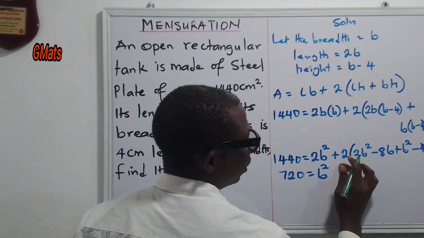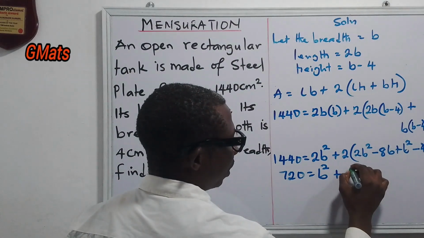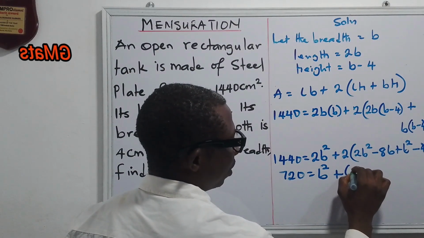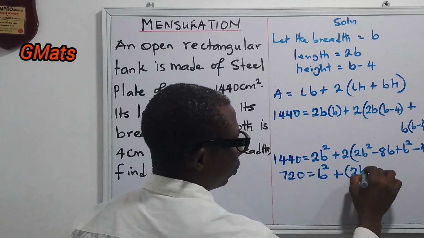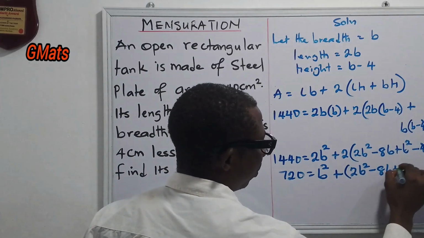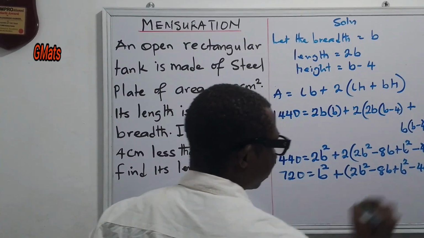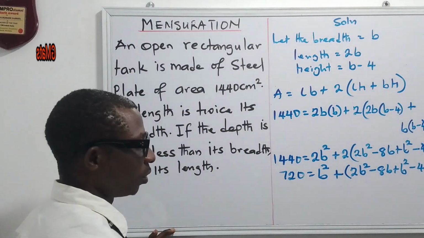Now divide this by 2, so you only cancel these 2. So we have plus what we have in the bracket: 2B squared, negative 8B, plus B squared, negative 4B.